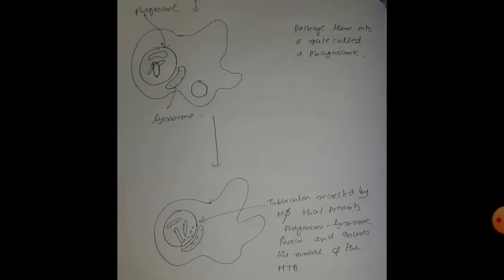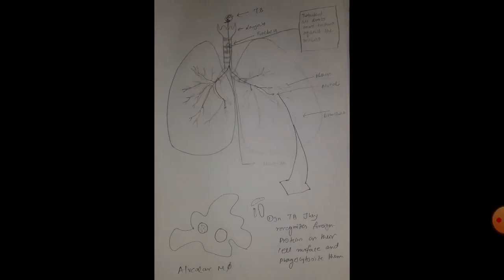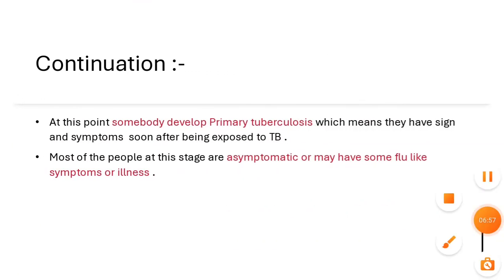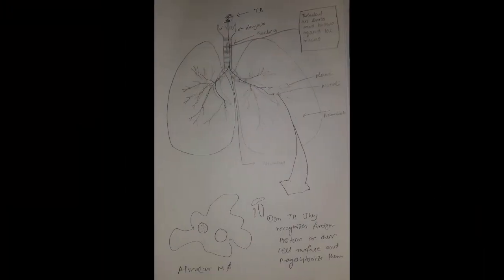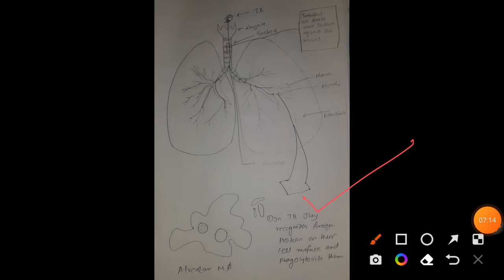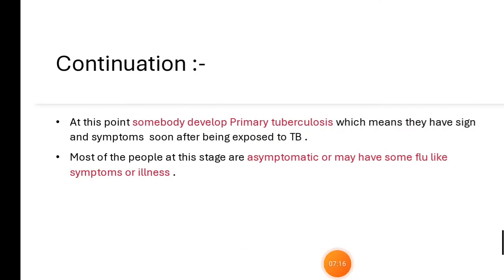Now, up to that point, if somebody develops some symptoms or signs, we have to call it primary tuberculosis. That means up to that point, if somebody has developed signs and symptoms, it is referred to as primary tuberculosis.